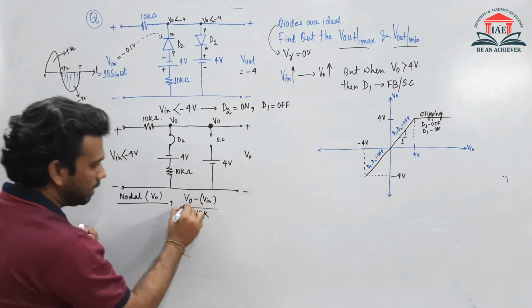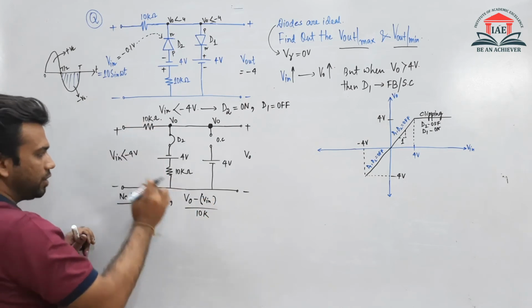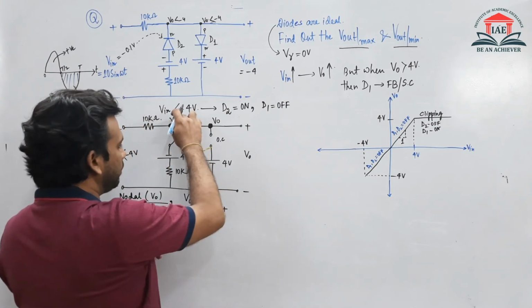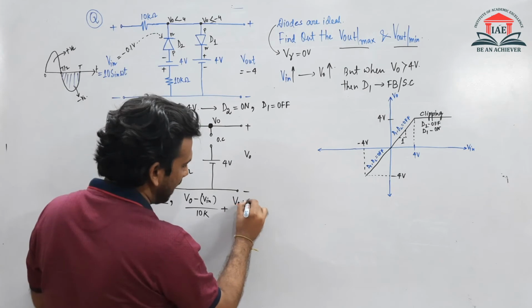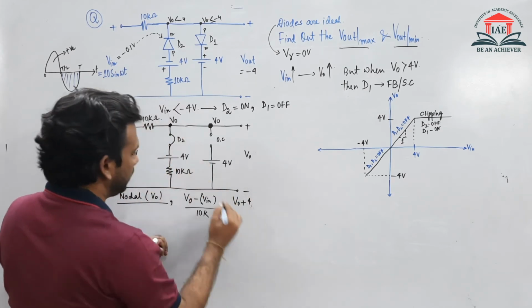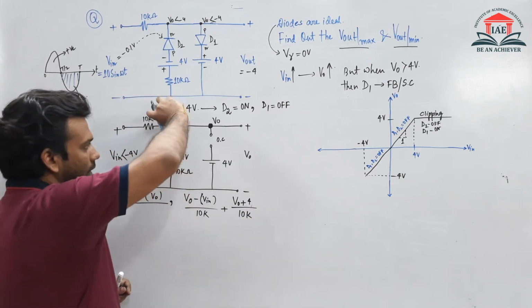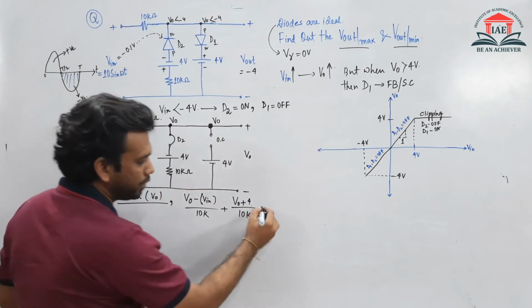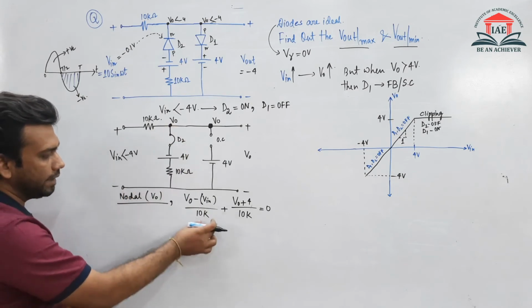So I can write V0 minus V input divided by 10k for this branch, and for this branch we can write it as V0, यहाँ पे -4 है तो V0 plus 4 volt divided by 10 kilo ohm. And again in this branch also there is open circuit, so we cannot use that. So it will be the equation of the nodal.